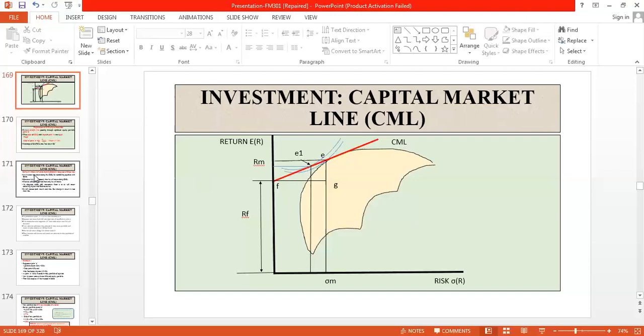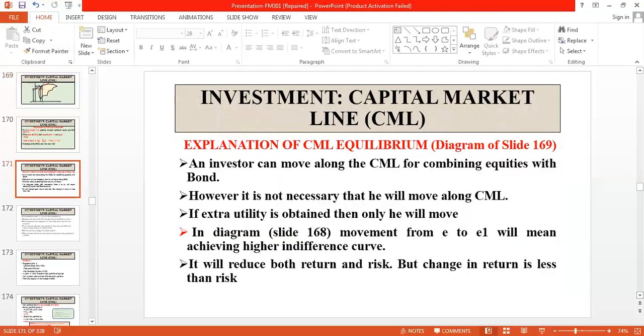So let us go to the next slide where the explanation of the diagram of the previous slide is given. Let us concentrate on the points stated here. Investors can move along the CML for combining equities with bonds. That we have already discussed in detail so far.